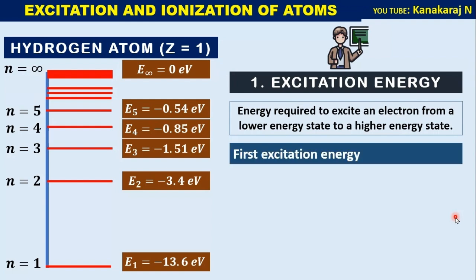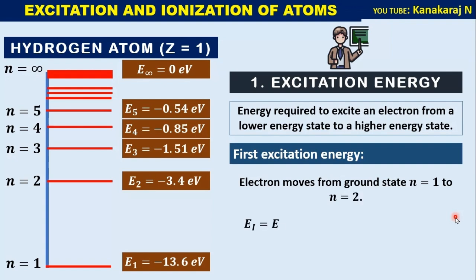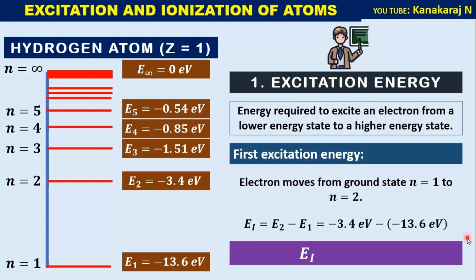First excitation energy: the electron moves from the ground state, n equals 1, to n equals 2. Therefore, E first equals E2 minus E1. E2 is minus 3.4 electron volt minus the ground state energy, minus 13.6 electron volt. When we subtract these two, we get the first excitation energy equals 10.2 electron volt.